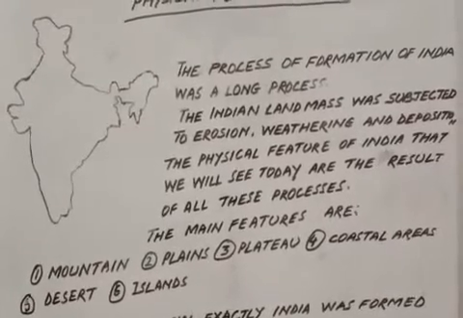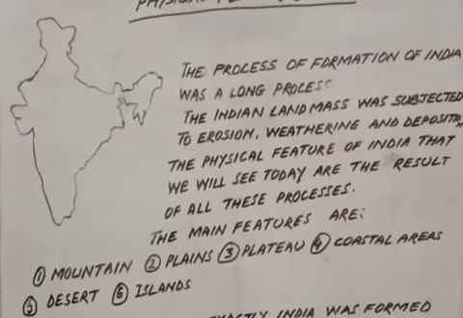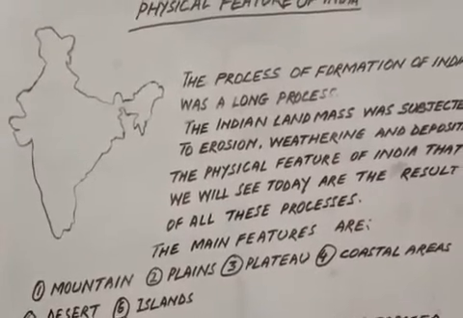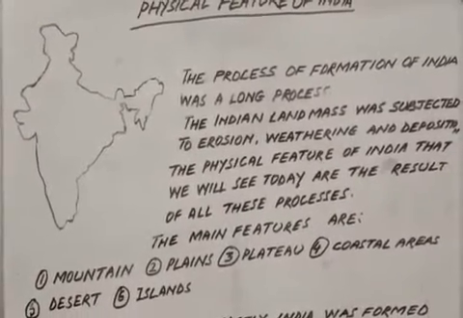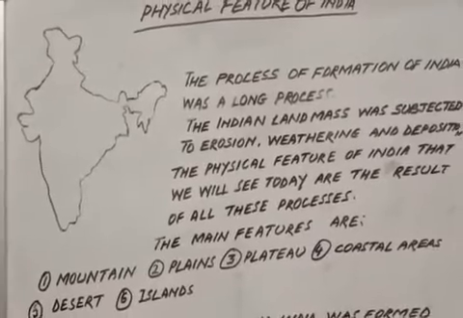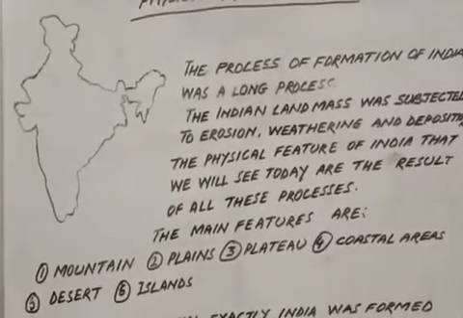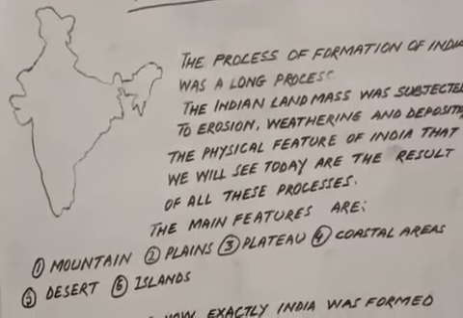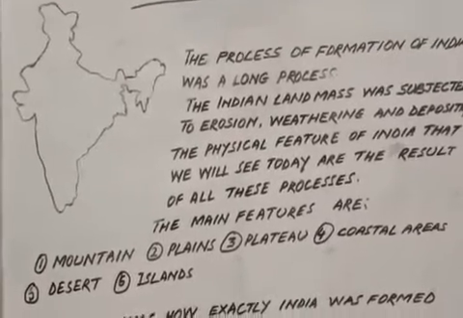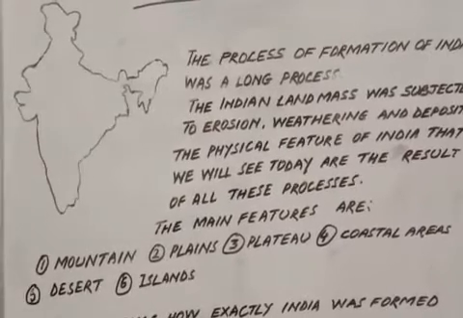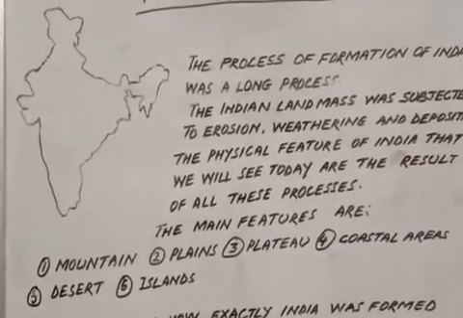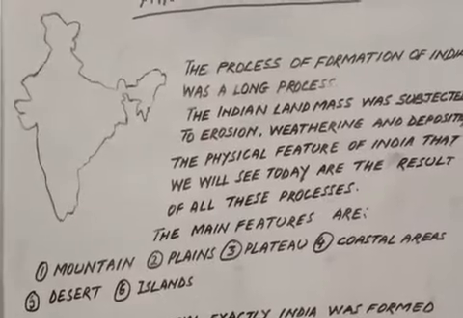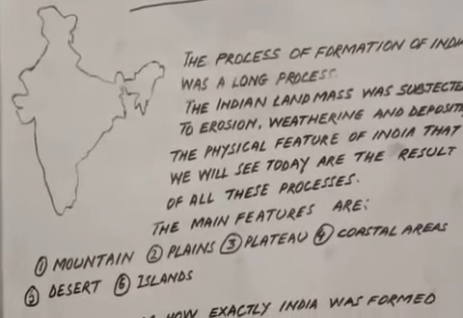So we will be discussing in this chapter some of the physical features of India, that is mountain, plain, plateaus, coastal area, desert, islands. All these have been formed due to these agents of nature, and that is erosion, weathering and deposition.